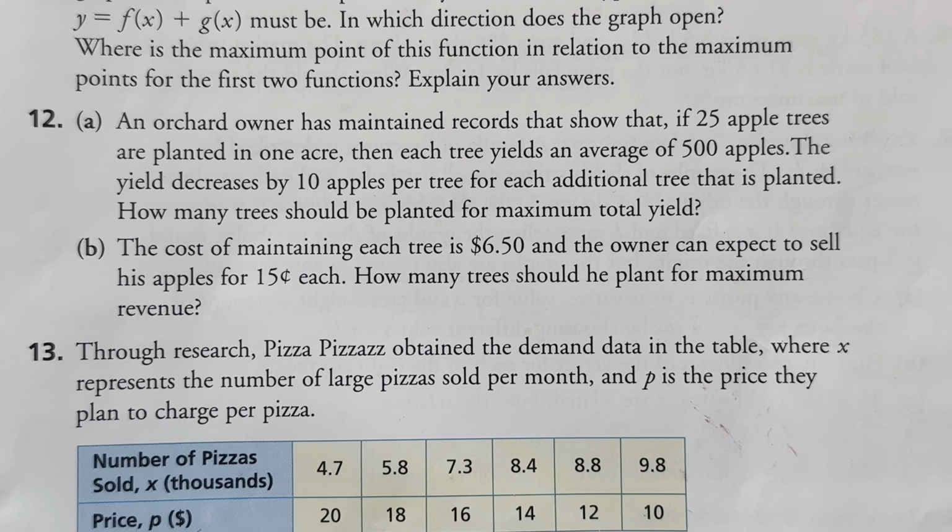In other words, you have to do some work on each tree. For example, you need to add fertilizer, and you need to water them, etc. You maintain. So the cost of maintaining is $6.50 for one tree.